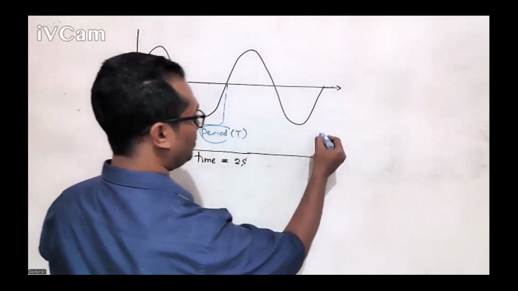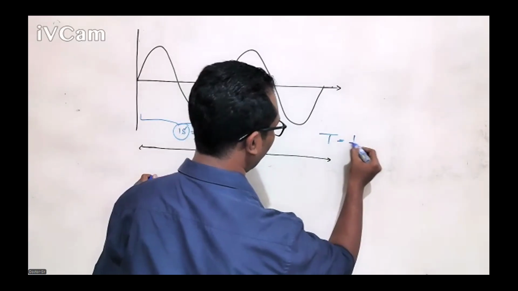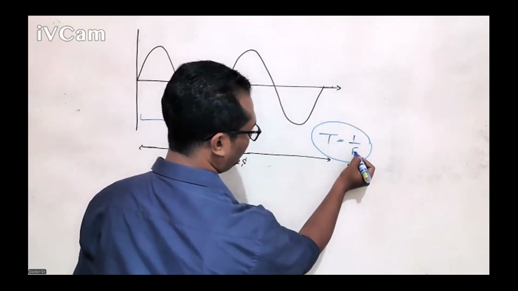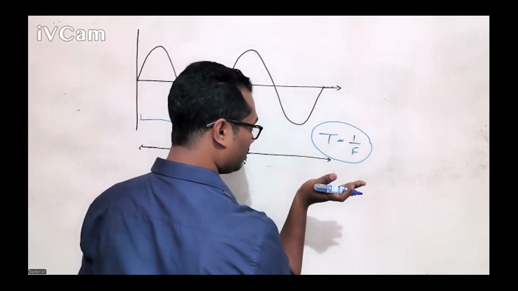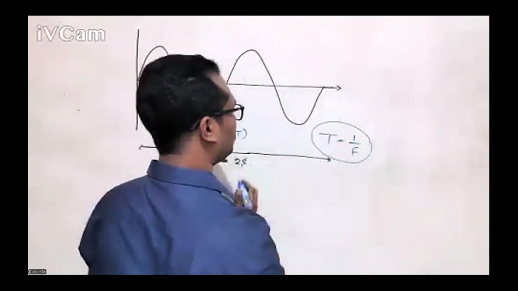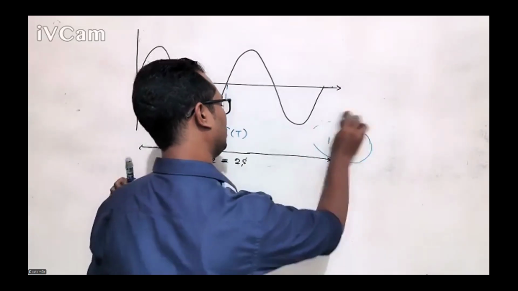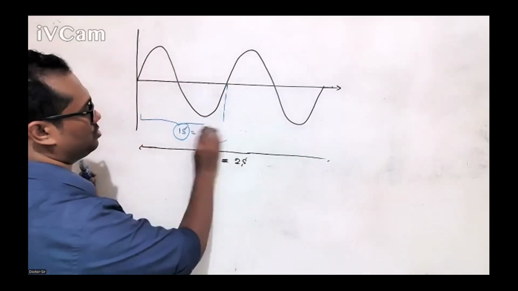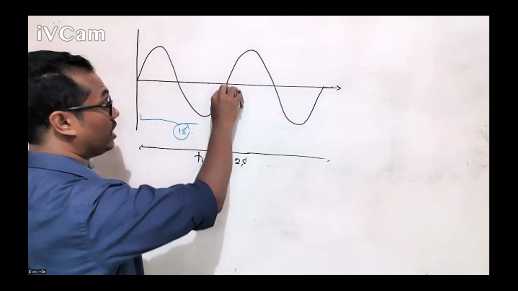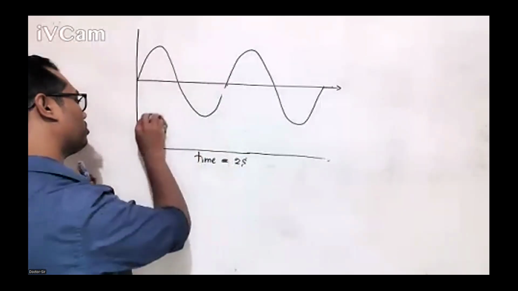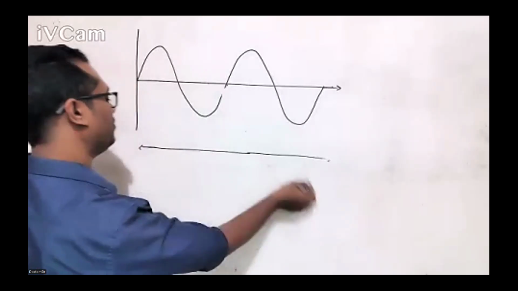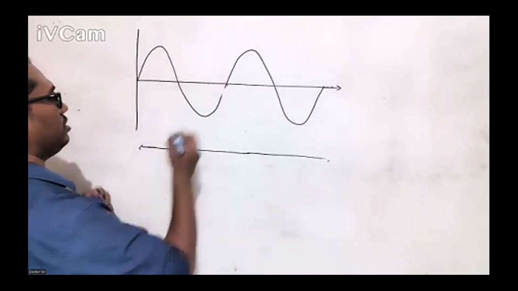Capital T equals 1 divided by F. F means frequency. We didn't study that, so we will come back and see those things after finishing the frequency. Now I will change these values, then we will come back again here.